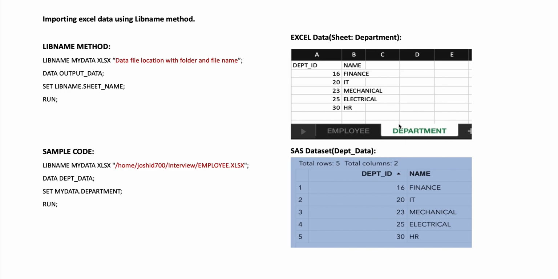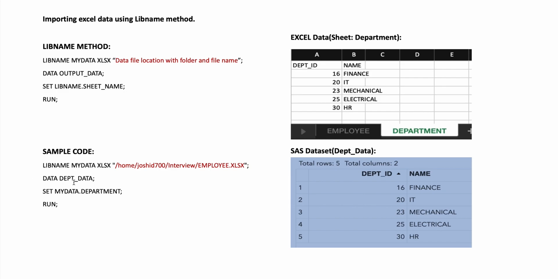We have an Excel data here. This is inside department. That means the sheet name is department, where it has 2 variables, department ID and name. A simple code is given here. Libname mydata xlsx. This is the location of the employee Excel file.